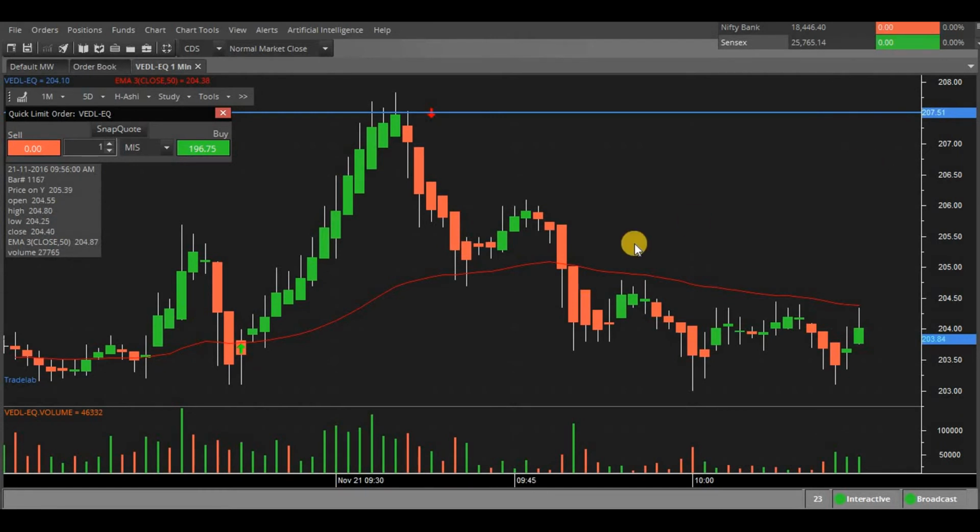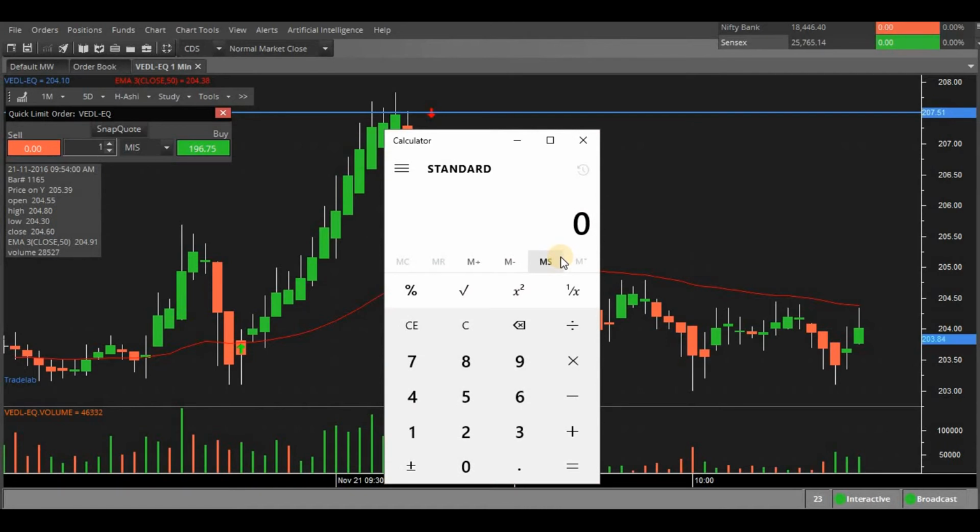So the profit was about 207 minus 203, that is 4 points profit. If you had gone long 100 shares, your profit is 400 rupees. 4 into 100 shares, 400 rupees profit.